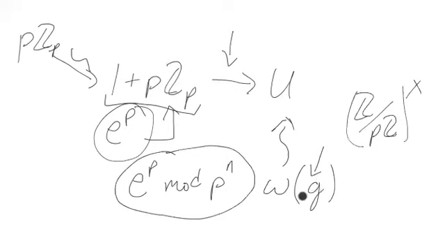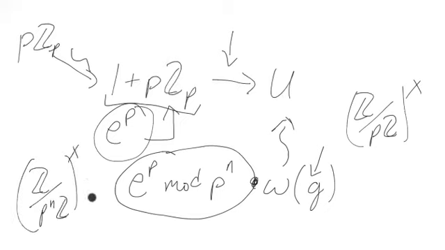So omega G times that, multiplied together in Z mod p to the n Z, and voila, we have our cyclic generator of this multiplicative group.